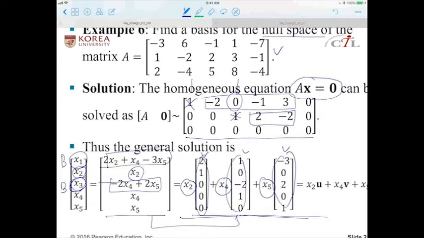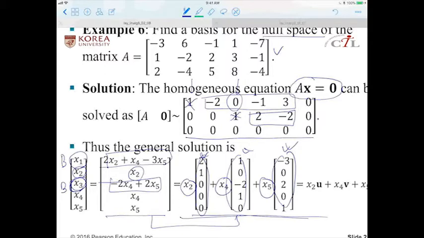So if we use the span of these 3 vectors, it will fully cover the entire subspace of this null space, right? Because any given vector in our null space is always represented by that, right? And then the other question is to check whether these 3 vectors are linearly independent or not, right?